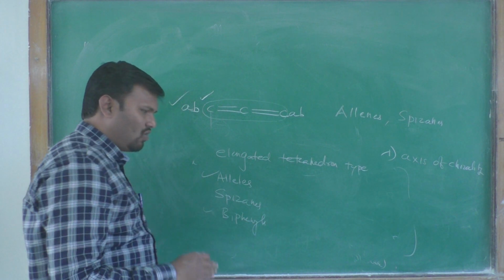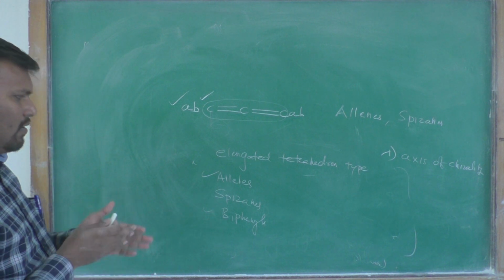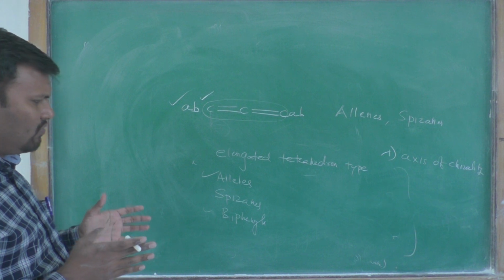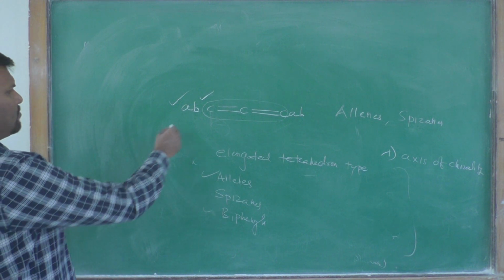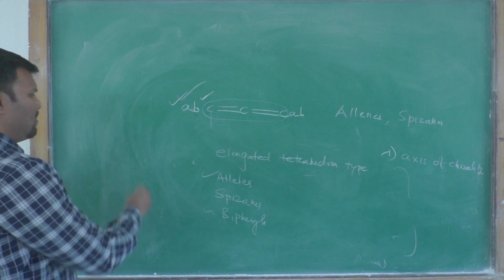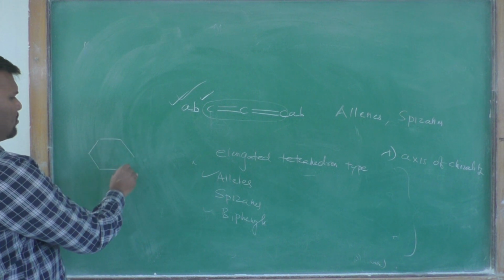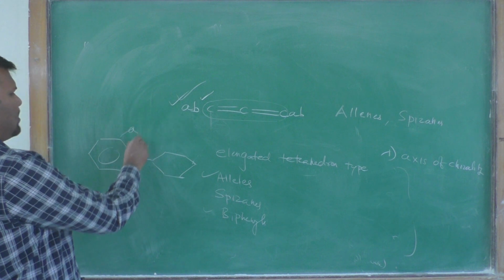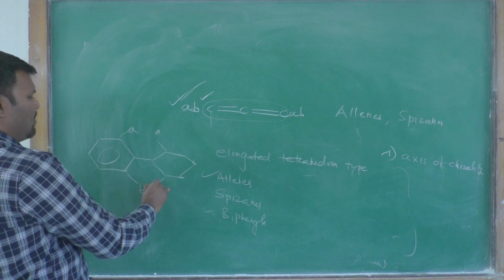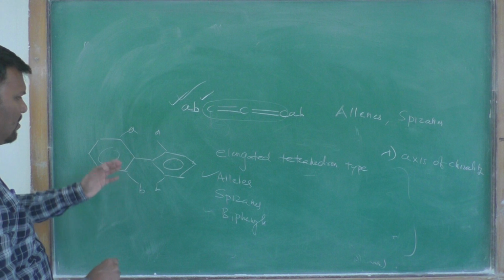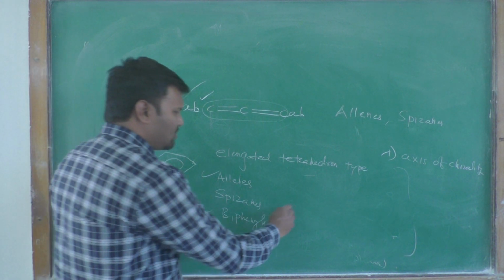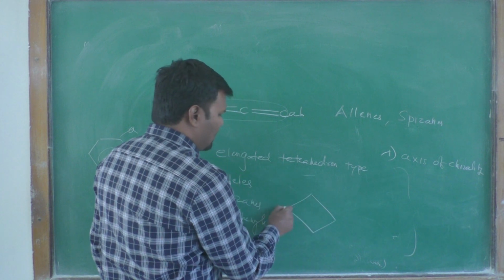There is elongation of the tetrahedral carbon. If your allene looks like that, your biphenyl looks like that, with an AB group here and an AB group there. Again, elongation of the tetrahedral geometry takes place. The spiranes are like that.